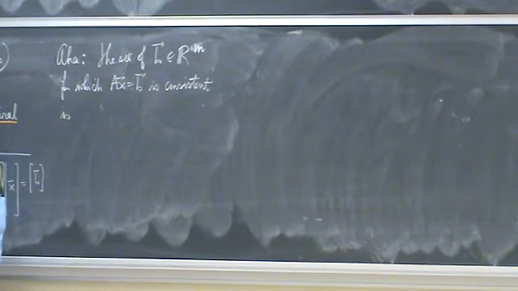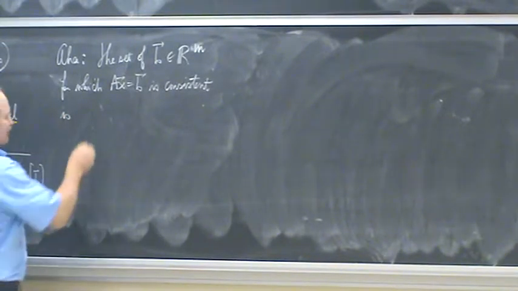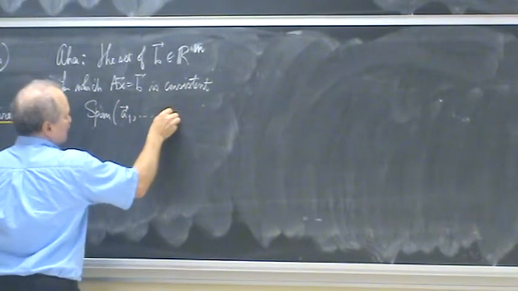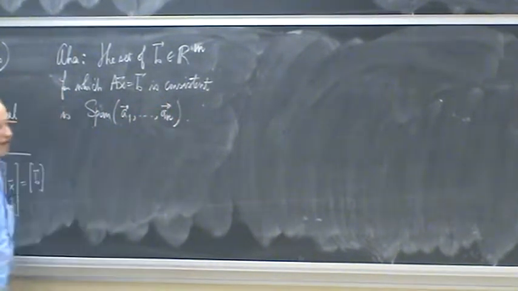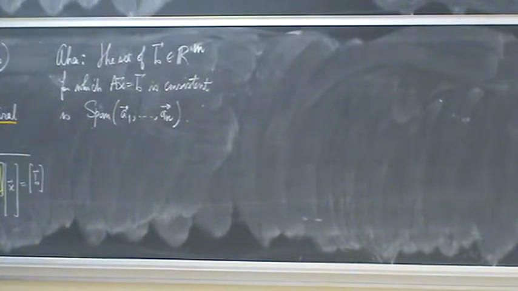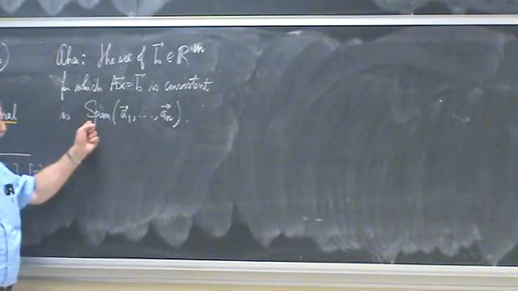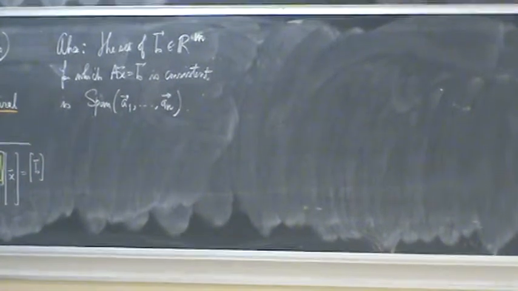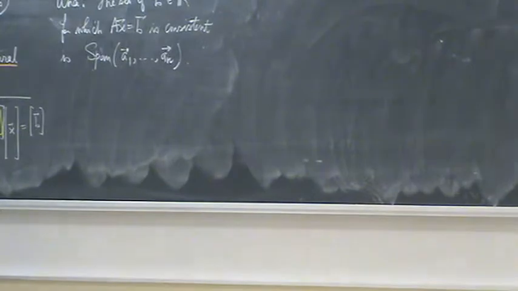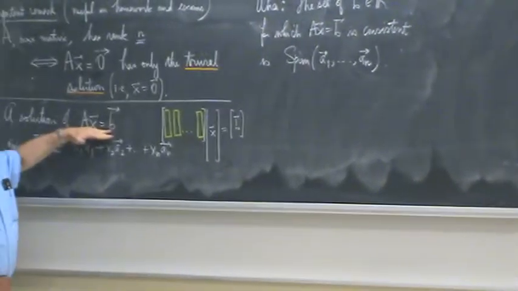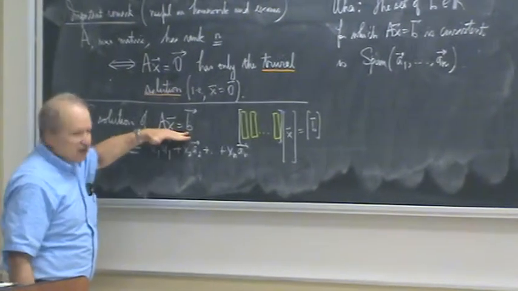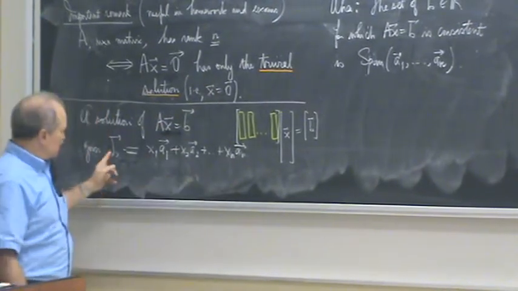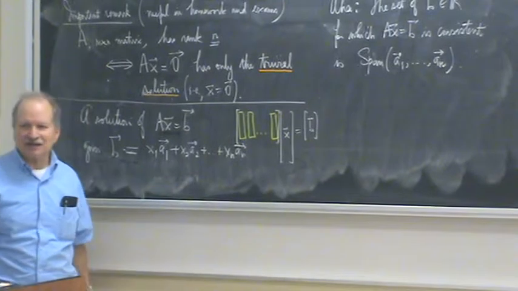It's the span of the column vectors. Remember what span means? All linear combinations thereof. Any vector that you can write as a linear combination of the columns, well, that means you can write it this way, which means you can solve that equation. Conversely, if you can solve this equation, you have an x that satisfies this, which means b is a linear combination of the columns.